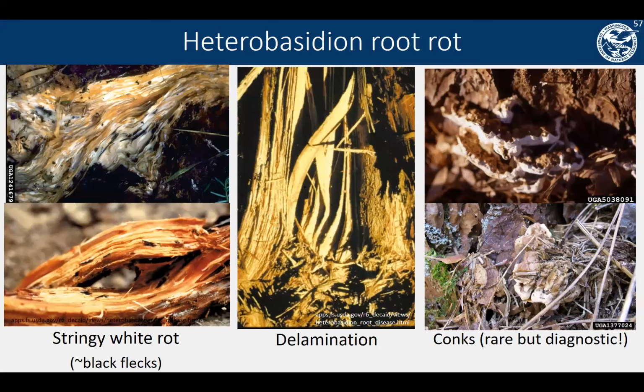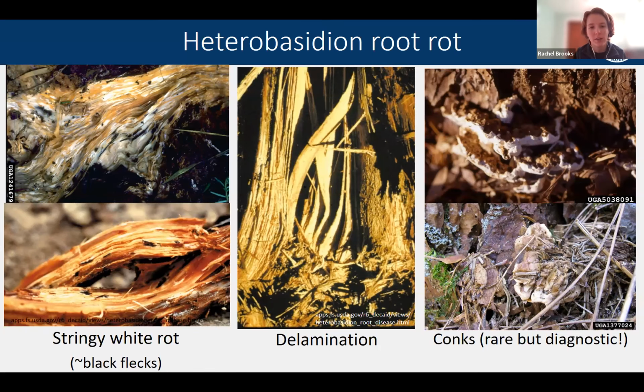Okay, well, I'm glad we got caught up to Heterobasidion root rot. This is a practice on your memory. Can you remember what I'm saying when the slides show up later? So now you hopefully can see the Heterobasidion root rot slide. You have this stringy white rot on the left with black flecks. You can have delamination, just like laminated root rot. Some people do say that one side of these sheets is smooth compared to the other side, which is sort of pocked, compared to laminated root rot, which has pock markings on both sides.